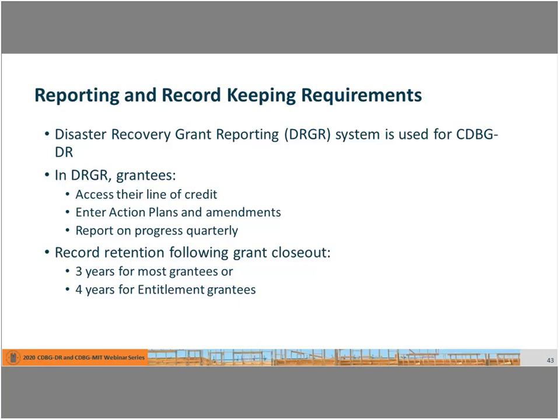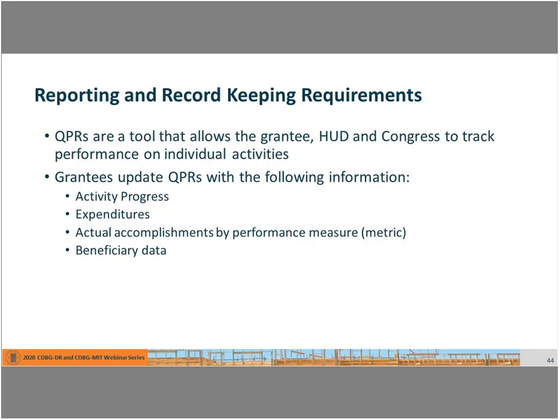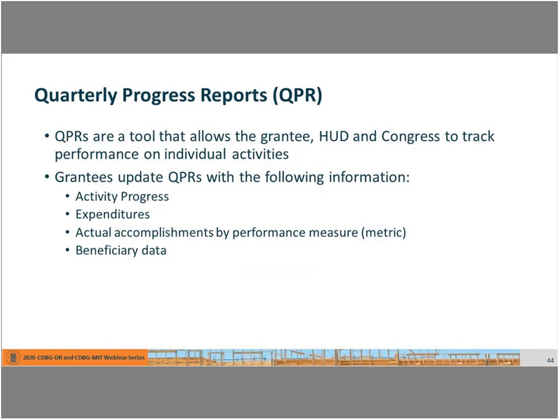Also notice that the requirement for record retention that's detailed on the slide is for these records and these periods after grant closeout, which we'll get into in just a second, so 3 or 4 years beyond grant closeout. On a quarterly basis, the QPR is required, which helps keep all parties informed about progress on these grants.